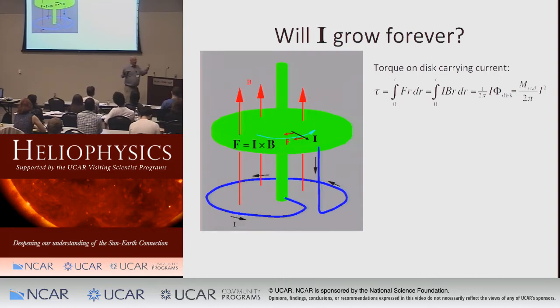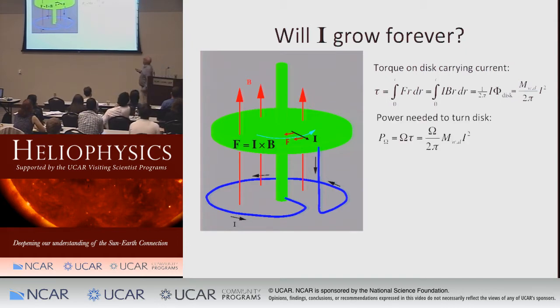So no matter which way the current is flowing, I have to exert a positive torque to overcome that negative torque. The power to rotate anything is the angular velocity times the torque. That's the power it takes me to drive this. And so that is omega M I squared.